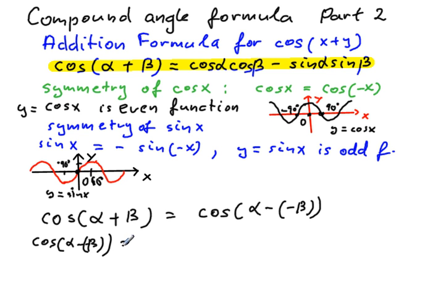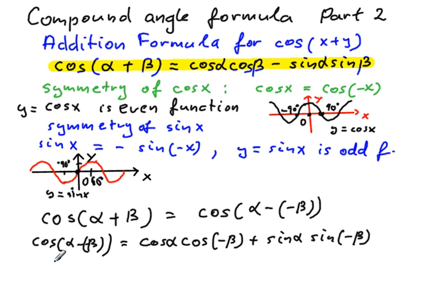equals, from the previous video, cos alpha times cos negative beta plus sine alpha sine negative beta.